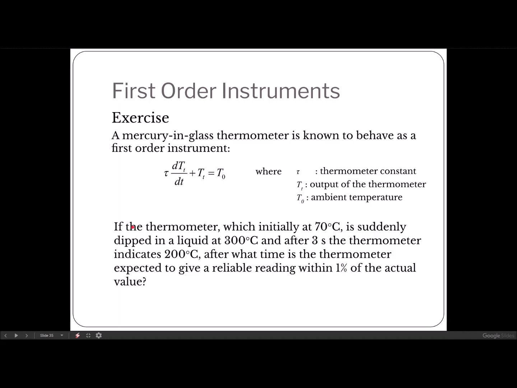If this thermometer is initially resting at 70 degrees Celsius, and then suddenly you use it to measure a 300 degrees Celsius liquid, you dip this thermometer from 70 degrees to 300 degrees Celsius.